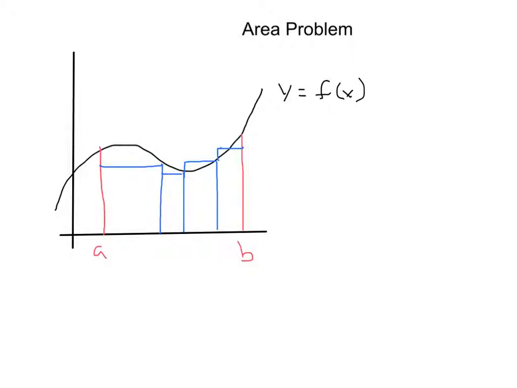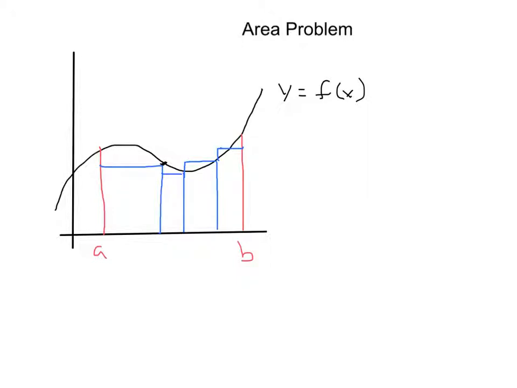But the point is that each one of these rectangles has a height. And the height of that rectangle is found by finding the y-coordinate of points on this curve. For example, in the first rectangle, the height is going to be the y-coordinate of this point right there.